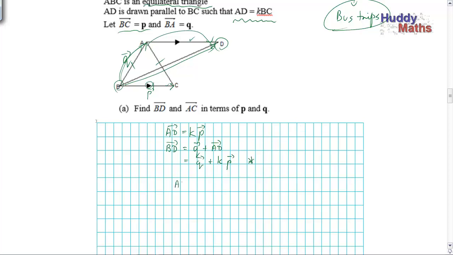Let's do AC now. We'll just rub some of this out. Got to be careful here. So this was P. So we want A to C down there.